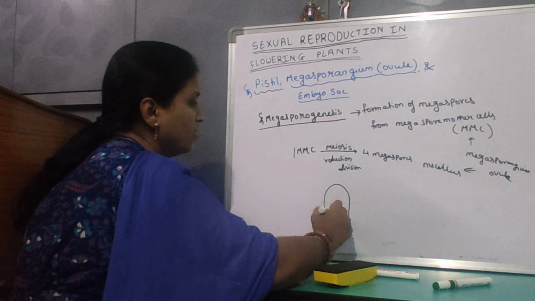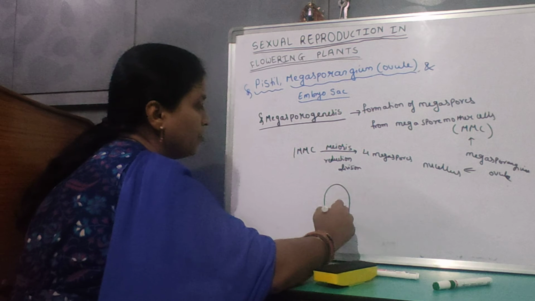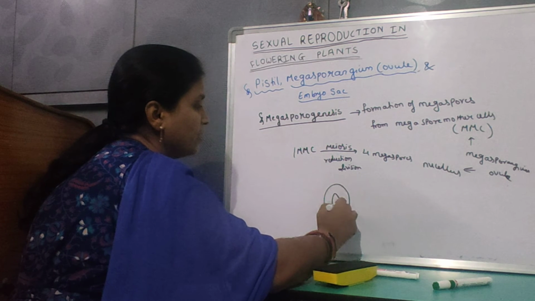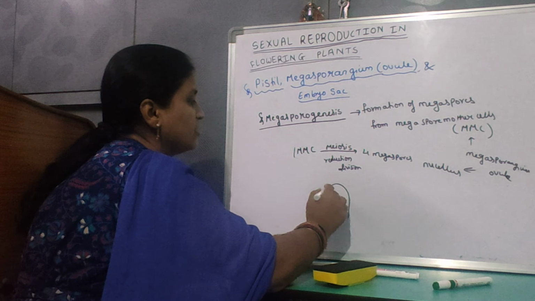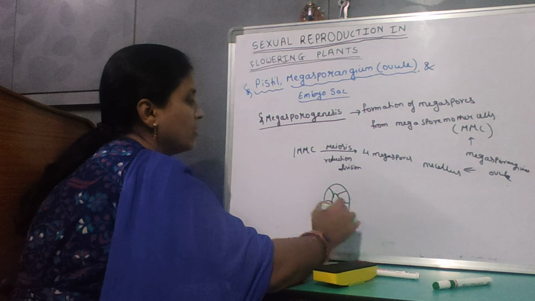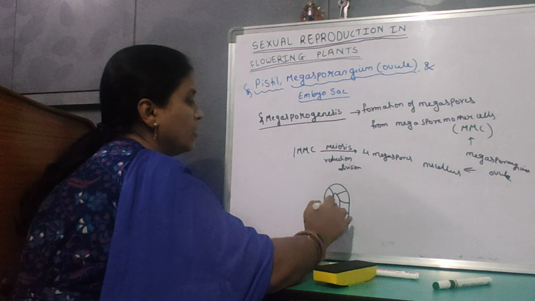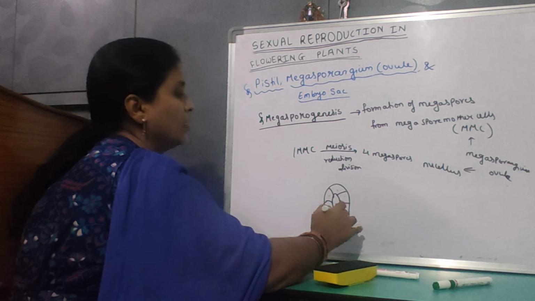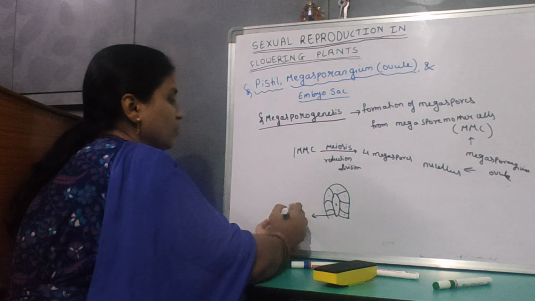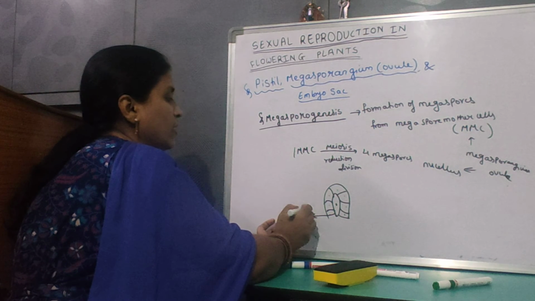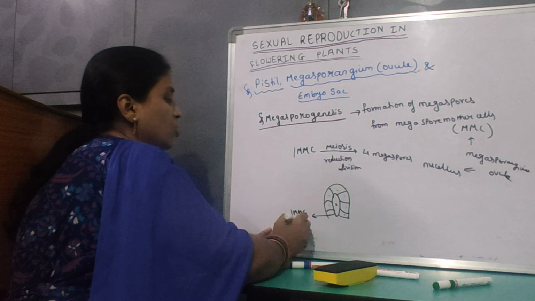Like this, one megaspore mother cell is there. Like this, many cells are present. This is one megaspore mother cell, one MMC in the nucellus.